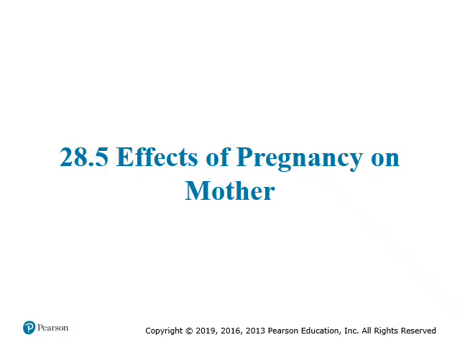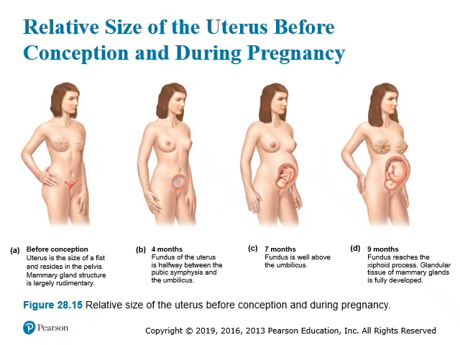So let's now leave the fetus. Let's leave the baby, and let's take a look at the effects of pregnancy on the mother herself. Now, the body of the female changes. Before conception, the uterus is pretty much the size of a fist and resides in the pelvis. The mammary glands are largely rudimentary.